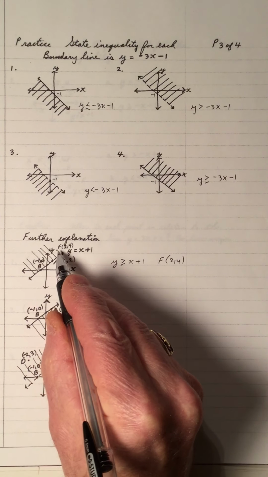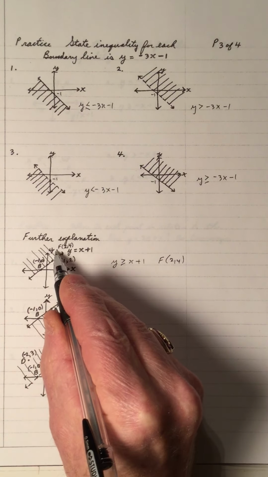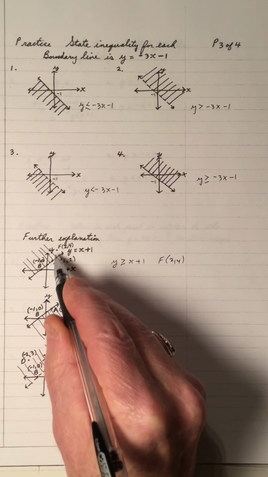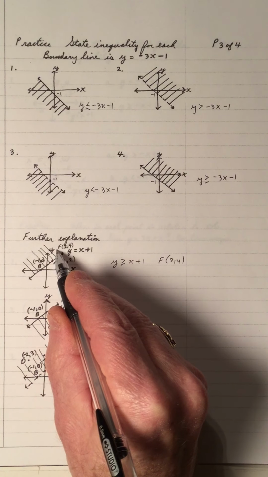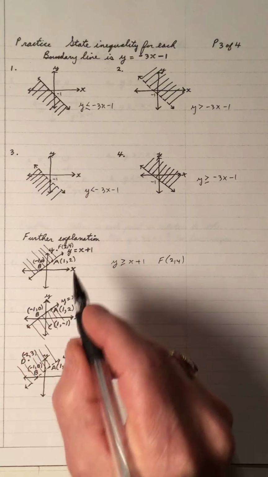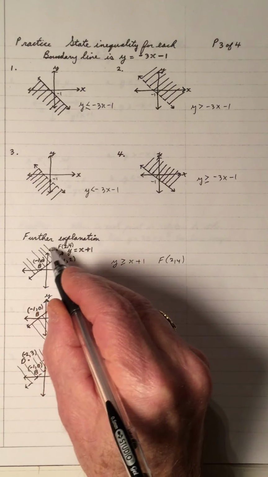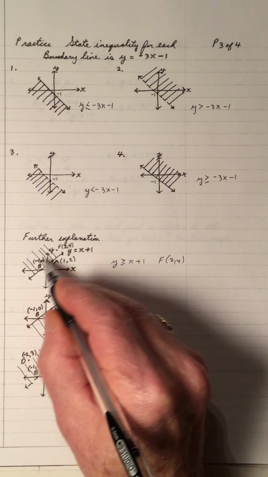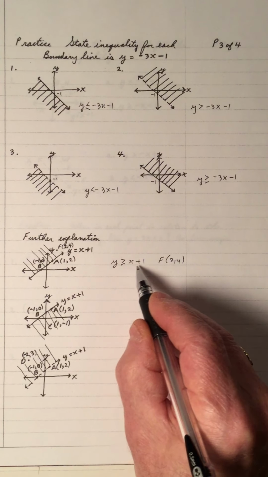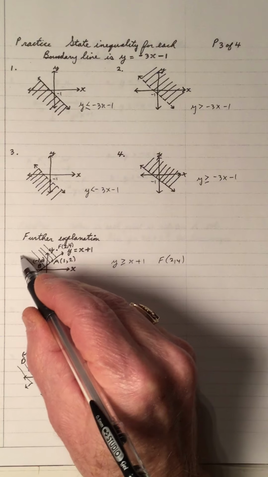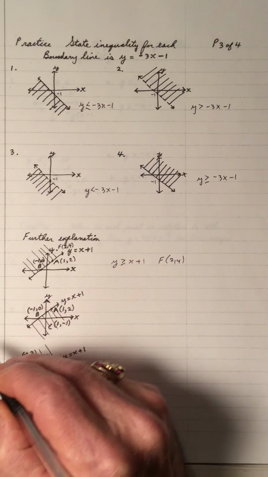The point F is x is 2, y is 4, just approximation. This point is 2, 4, pretend. It's above this line. This point is in this half plane, in all of these points. So this is the inequality that represents all these points above the line and on the line.